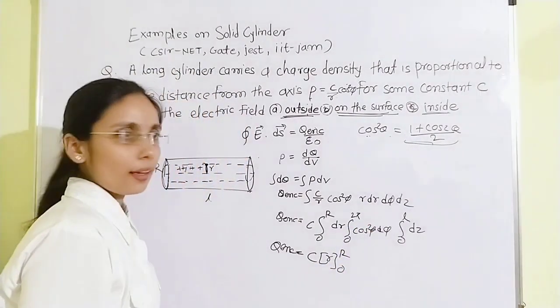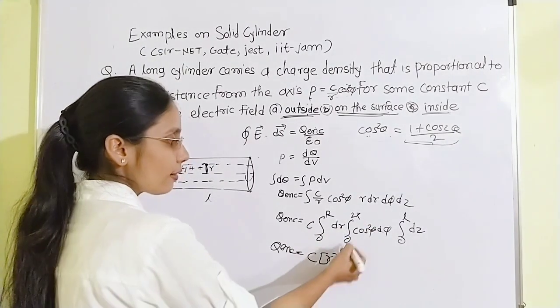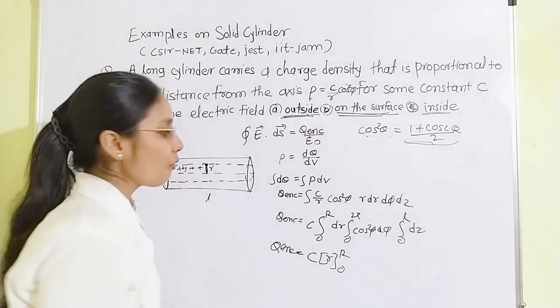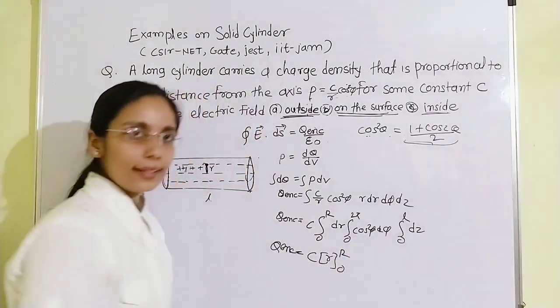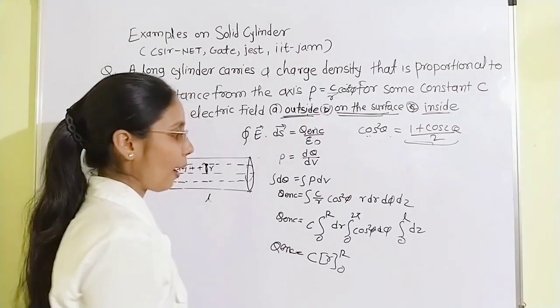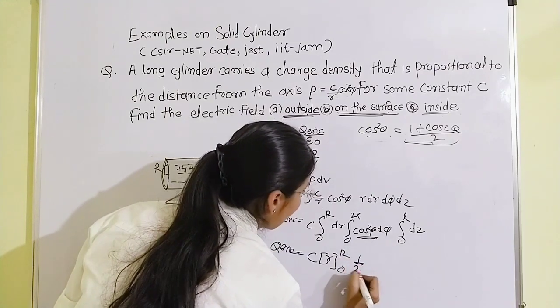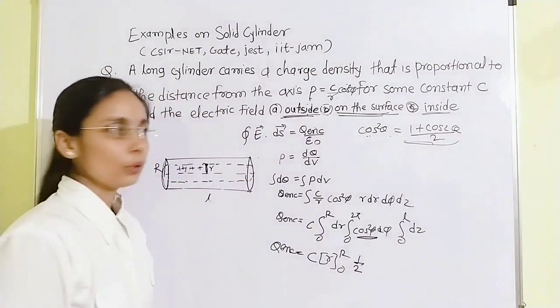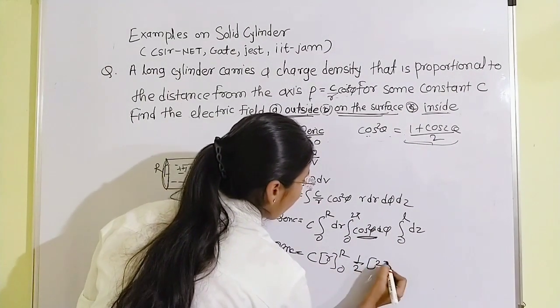In this case, when the integral is 0 to 2 pi or 0 to pi, that is the full limit or half limit, and the integrand is cos square phi d phi or sin square phi d phi, then we can directly write the integration as 1 by 2 into the limit of this integration, that is 2 pi.